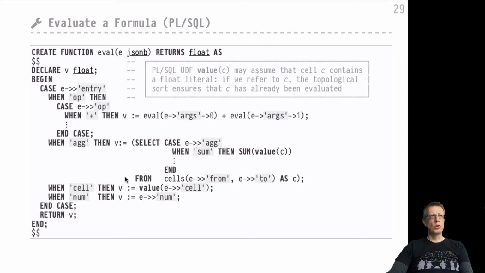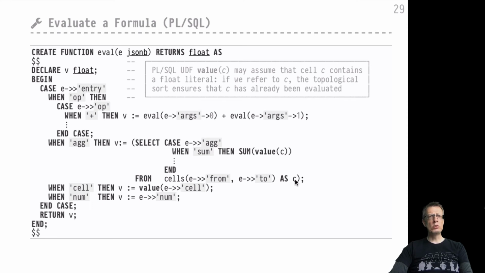So how about aggregates? Well, aggregates are also very simple to do. We would simply look at all the cells that lie in the range of this particular aggregate. We would call these cells C. We can count on these cells C to be already evaluated thanks to the topological sorting.